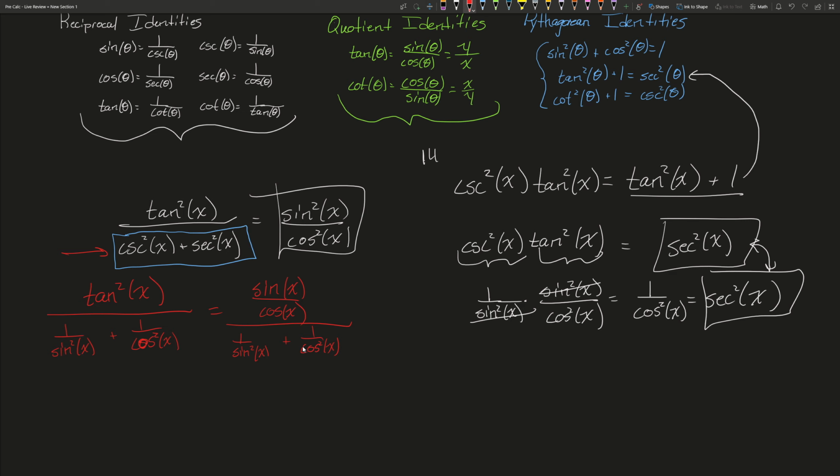And I know this seems really tedious, but we can do that, right? Which means that we can take sine over cosine and multiply it by the reciprocal of this denominator.